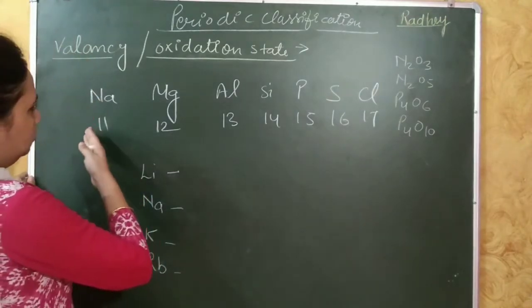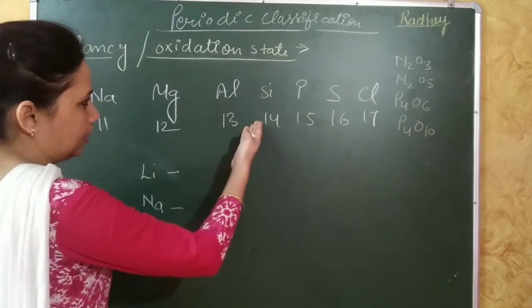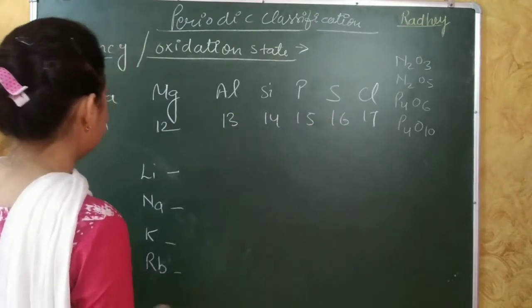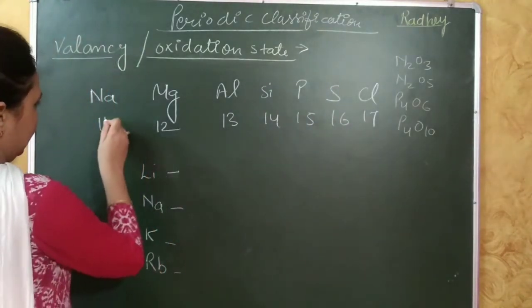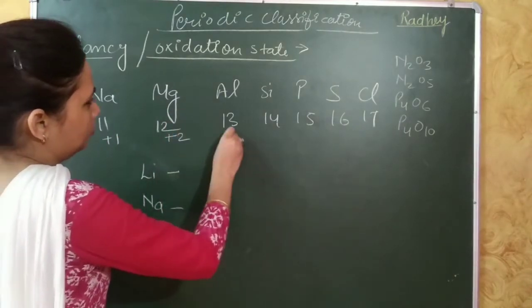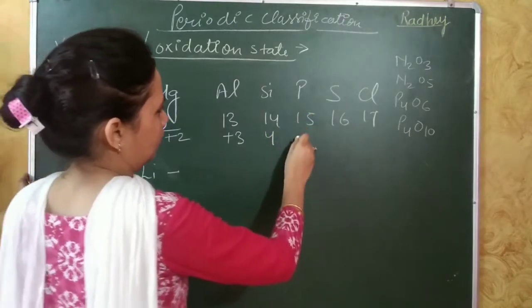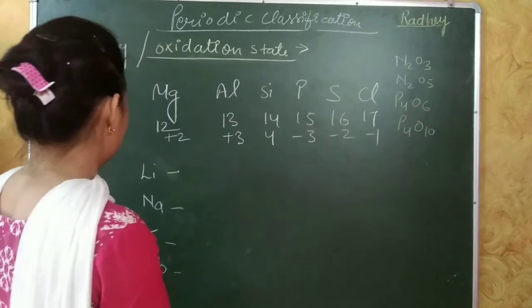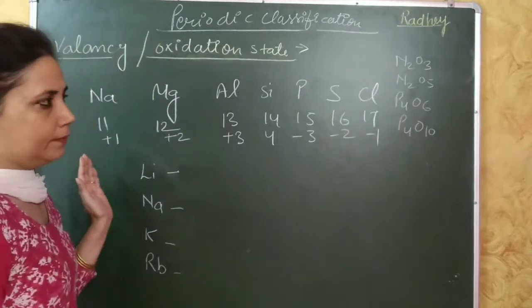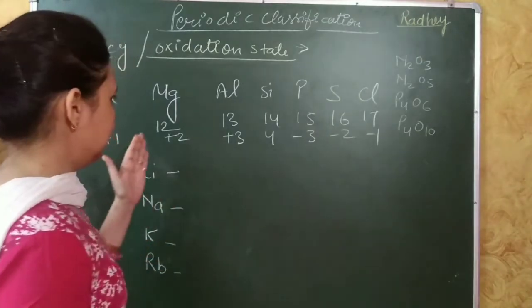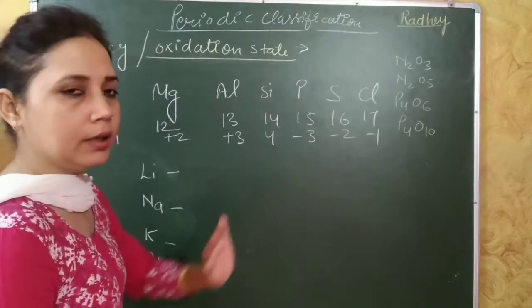We know that first metals, then metalloids, and then non-metals start. So when we talk about their valency, sodium has +1, magnesium has +2, then +3, then 4, and then -3, -2, and -1. So we see that when we go from left to right in a period, first the valency increases, then it decreases.